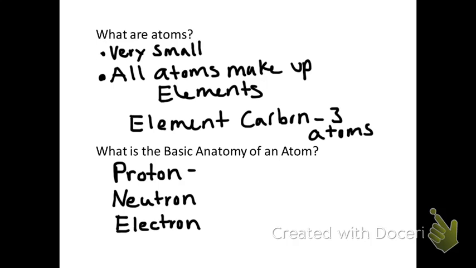The proton and the neutron are located in the atom in a place called the nucleus.